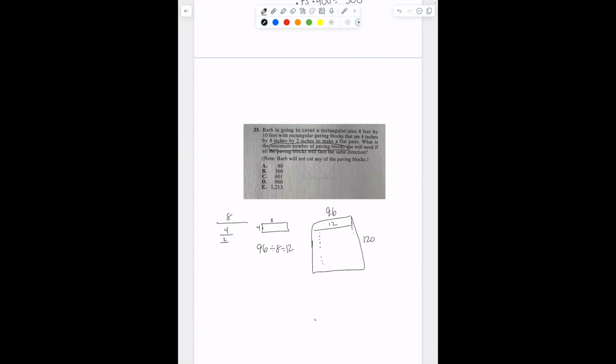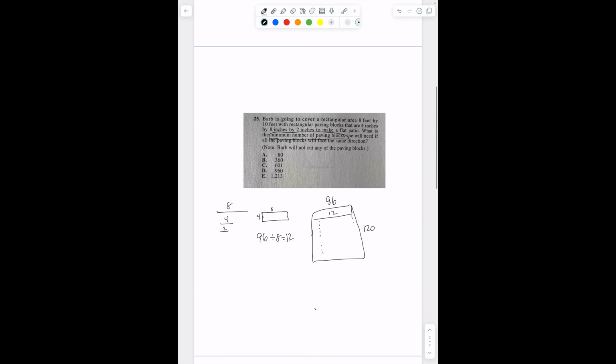And if I go vertically from this point here, because remember this is all the way down, if I do 120 inches divided by 4 inches, because the 4 is going vertical, then I will get 30 blocks.